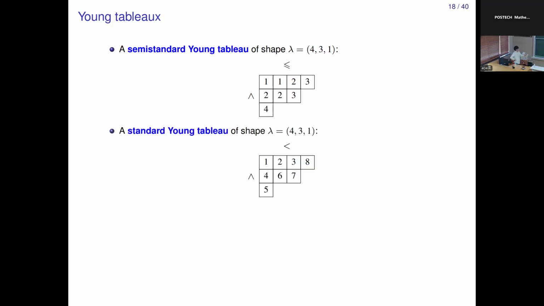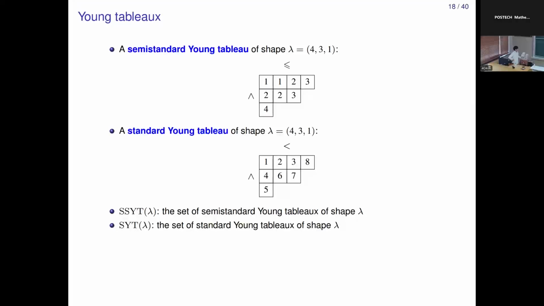And a standard Young tableau is basically the same thing, except we have exactly one 1, exactly one 2, etc. So it's a special case of a semi-standard Young tableau. SSYT is the set of semi-standard Young tableaux of shape lambda, and similarly for SYT. And I'm going to use this notation as well.